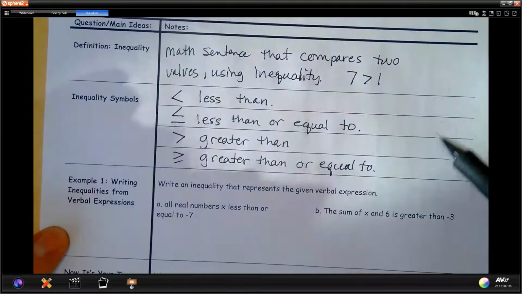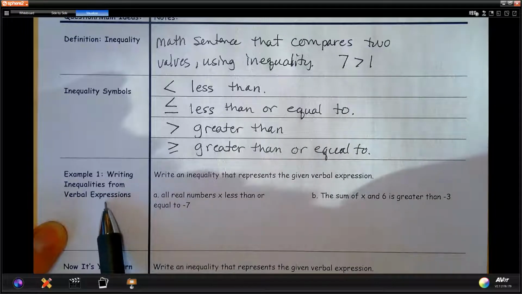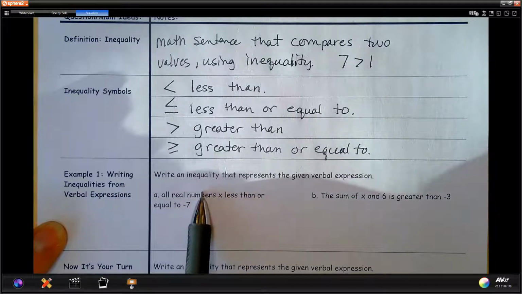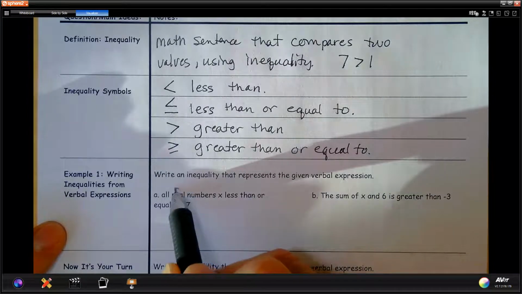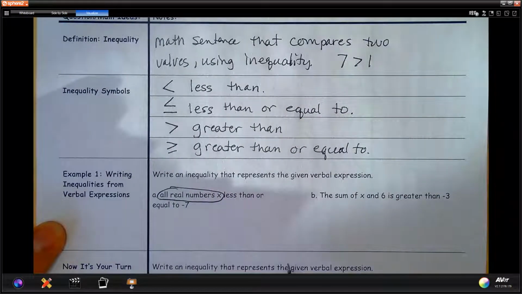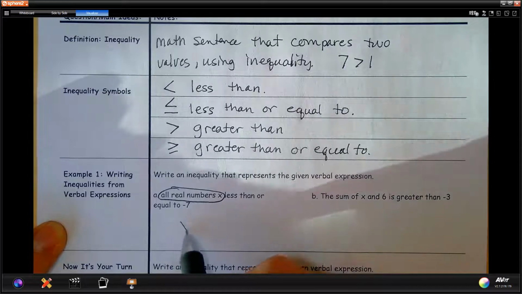All right, we're going to use these inequality symbols to write inequalities from verbal expressions. In other words, we're going to take these words and translate them into a math sentence, or a math inequality. And all you do is break it down by piece. So here goes. All real numbers x is the first part of this verbal expression. That just means x.